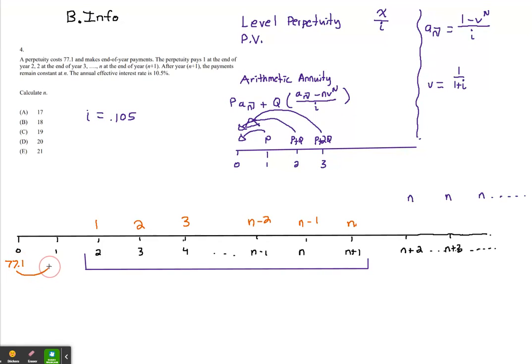Now, if I want to accumulate it to this time period, which is my comparison date, I'm going to take 77.1 and multiply by 1.105, because that's going to be more useful. So I get 85.085. That's the one I want to use. That's more important.